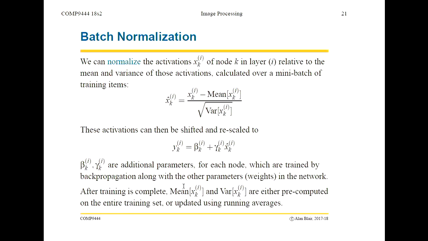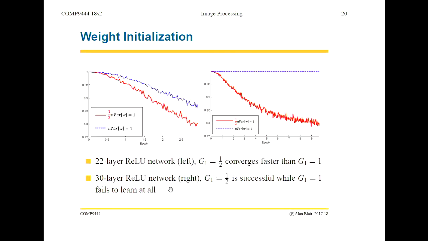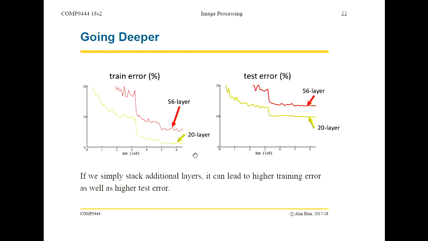These techniques get us pretty far, to 20 or 30 or so layers. But then you can make the networks even deeper. With these techniques, you can probably go up to 100 layers.